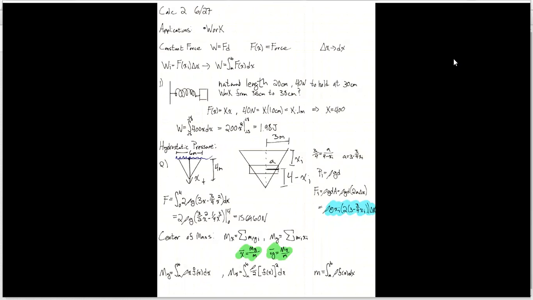And again, I left the rho in there just in case rho is a function of x, if it's a non-constant density. Note that in the book, it talks about how you can simplify these, and it's got 1 over the area times these integrals. That's because they take rho to be constant, they move it out of the integrals, and you can cancel them.